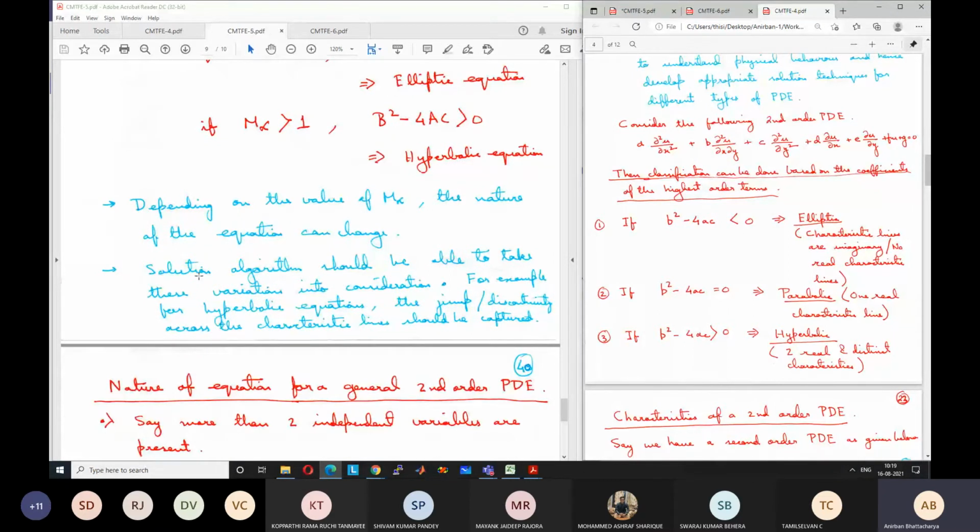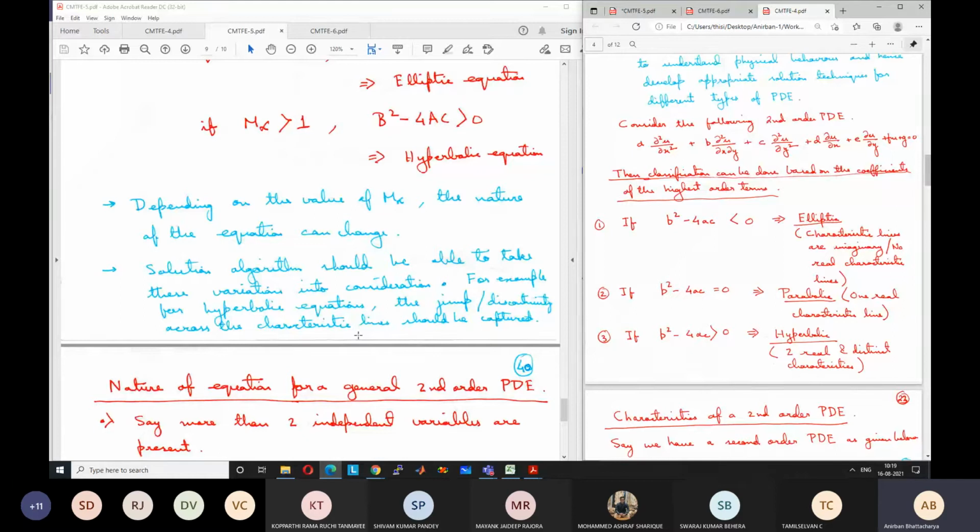If there are shocks occurring or something like that, that also needs to be captured for supersonic flow, or any discontinuity, that is, how far the information is traveling, that needs to be captured. Whereas for the elliptic equation, when the Mach number is less than 1, we can develop a different type of algorithm which does not need to capture this type of discontinuity.